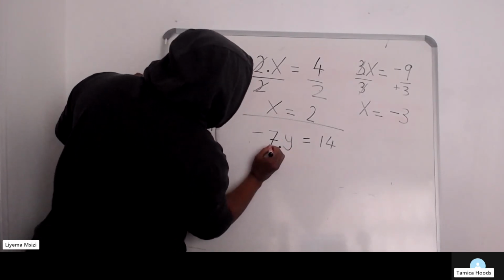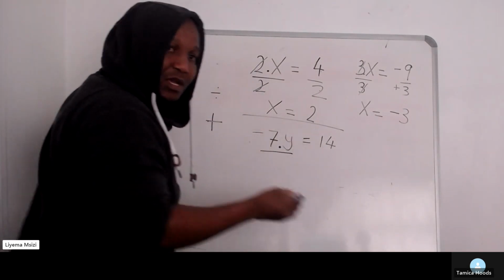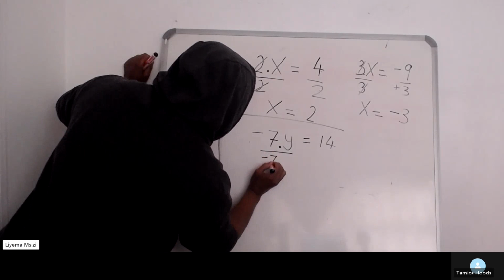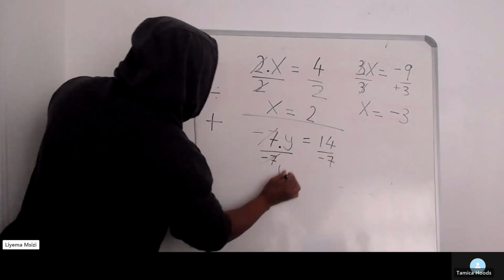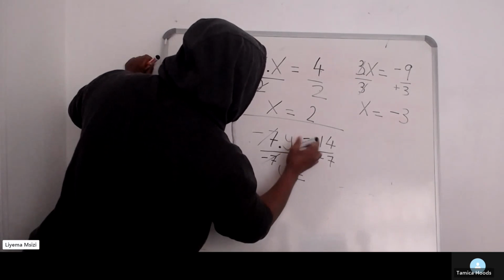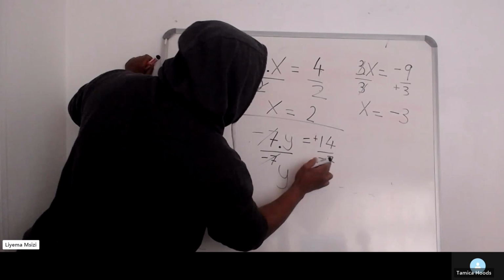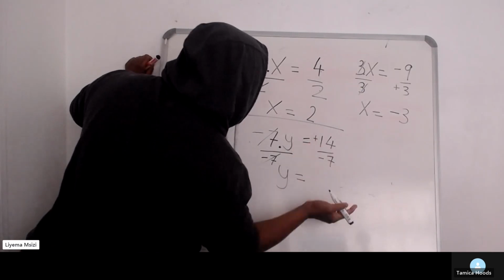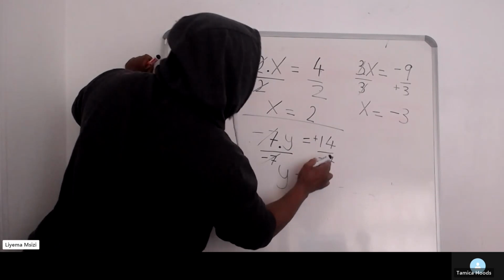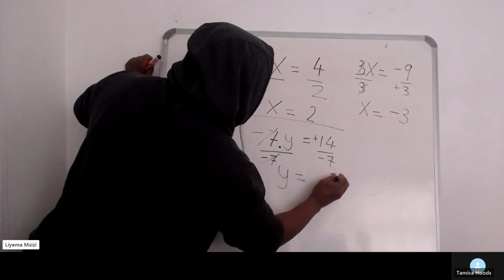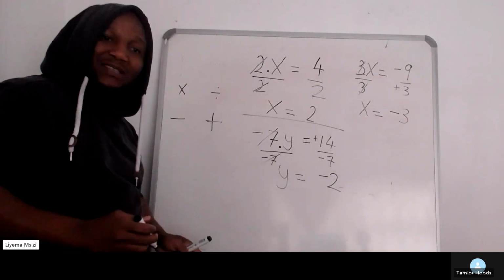It's multiplication. Since it's multiplication, we have to divide by negative 7, divide both sides by negative 7. This and this cancel. So my y equals, there's no sign here, which means plus, positive 14 divided by negative 7. Or you can say, how many 7s in 14? 2. These signs are different, so it is negative. More example.